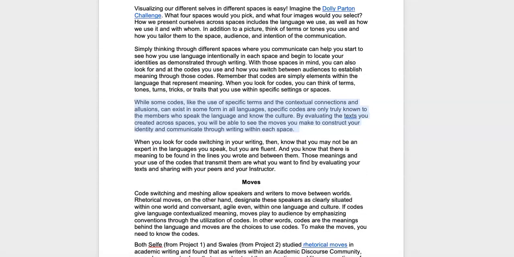While some codes, like the use of specific terms and the contextual connections and allusions, can exist in some form in all languages, specific codes are only truly known to the members who speak the language and know the culture. By evaluating the texts you created across spaces, you will be able to see the moves you make to construct your identity and communicate through writing within each space.